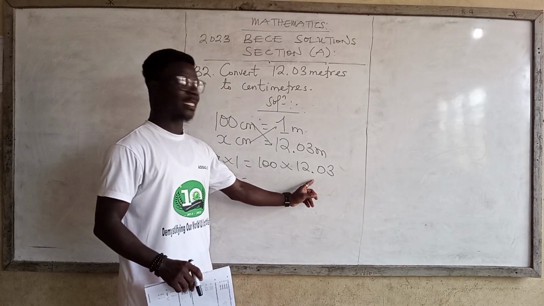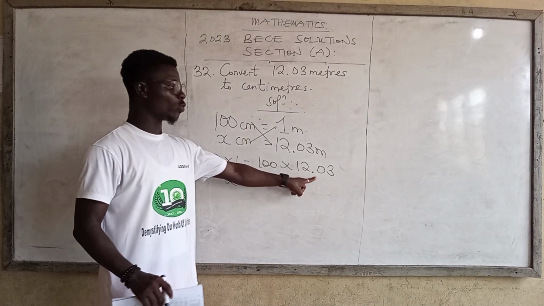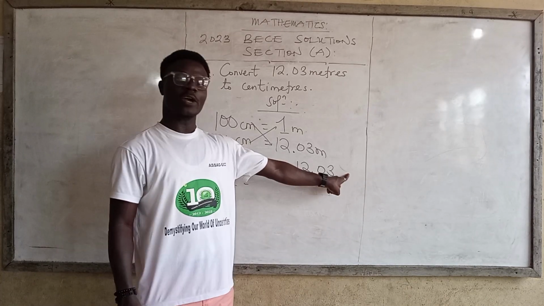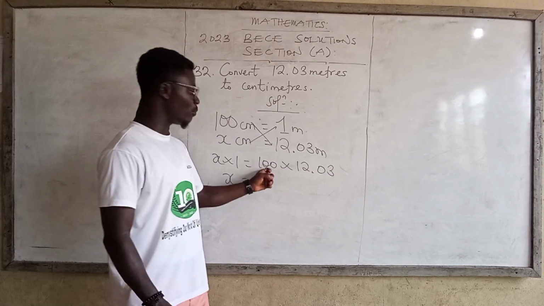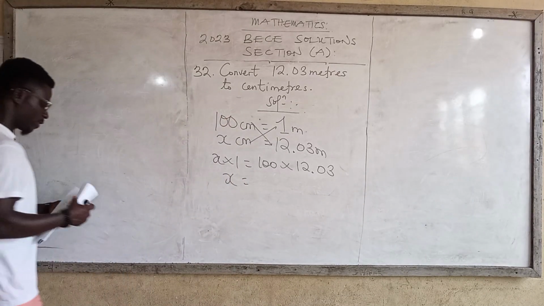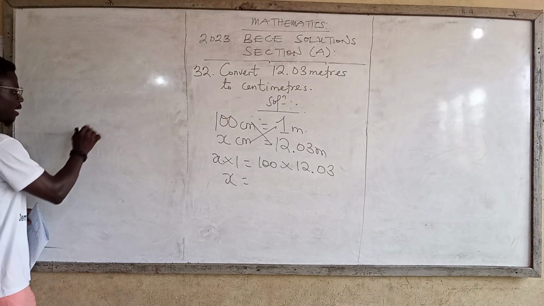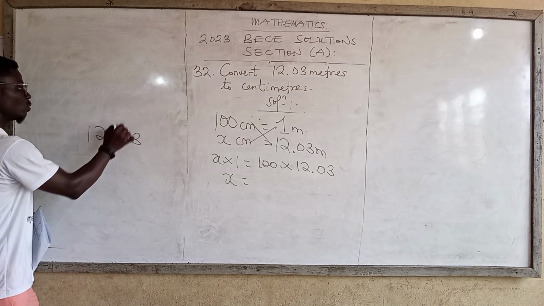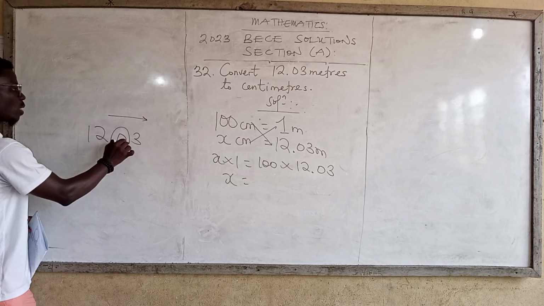We are multiplying the decimal number by 100. So the decimal point will shift to the right, according to the number of zeros present. How many zeros are present? 2. So it will shift 2 times to the right: 1, 2.